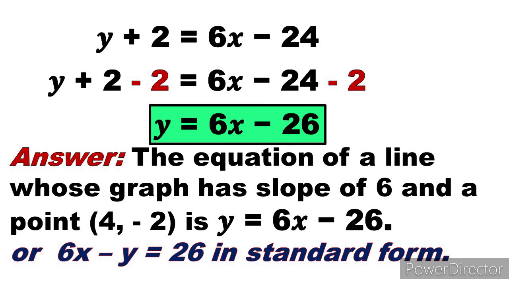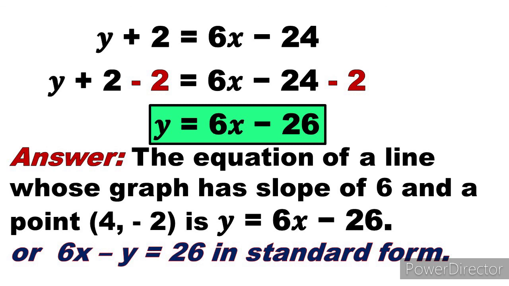And this is the result. y plus 2 minus 2 is 0 equals 6x minus 24 minus 2 equals negative 26. Therefore, we have y equals 6x minus 26.